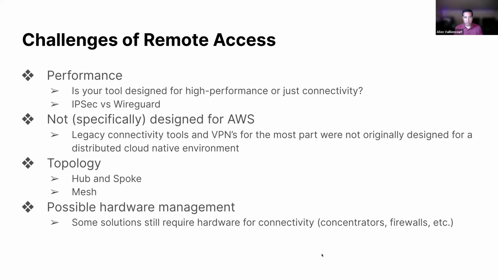And so now someone's remote and now they have to connect, and you've got hardware involved. And with companies going to hybrid work models or all remote work models, or getting rid of on-premise data centers, or using hybrid tools, some of this hardware may or may not be the best tool for modern cloud native work.